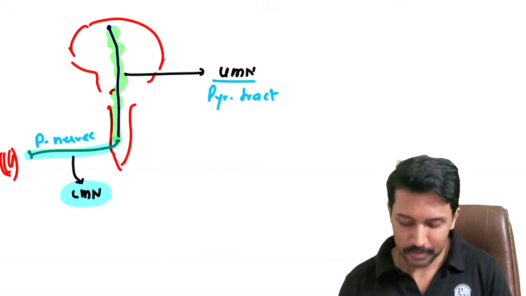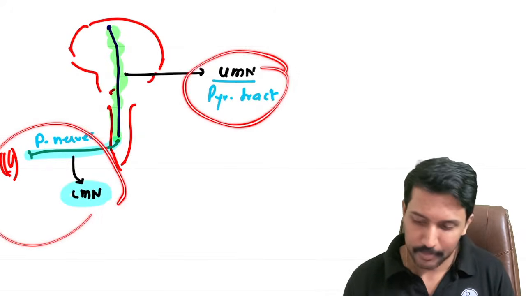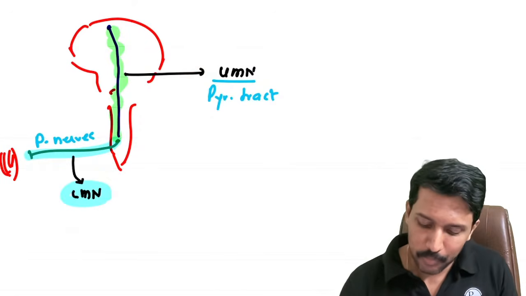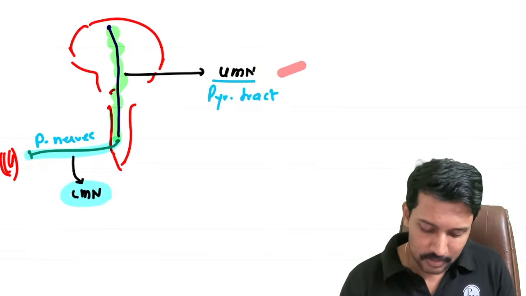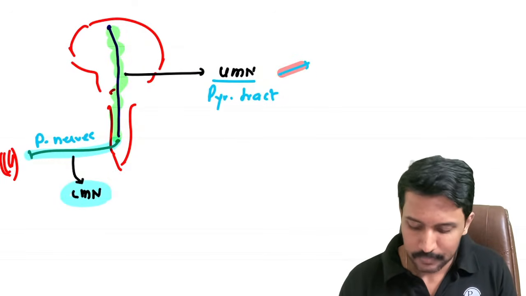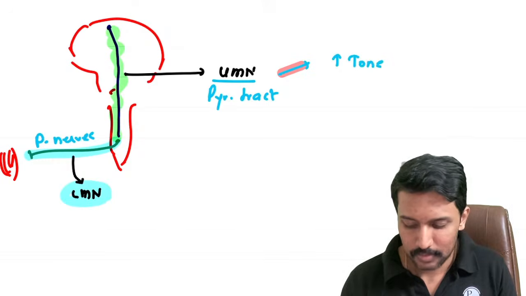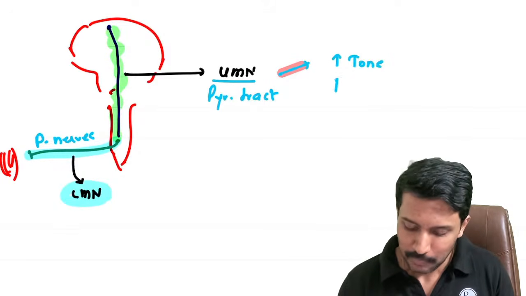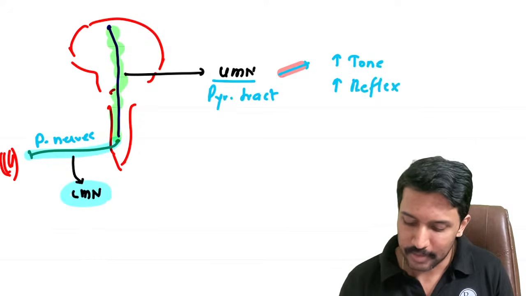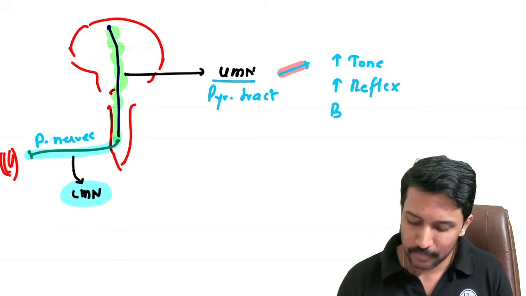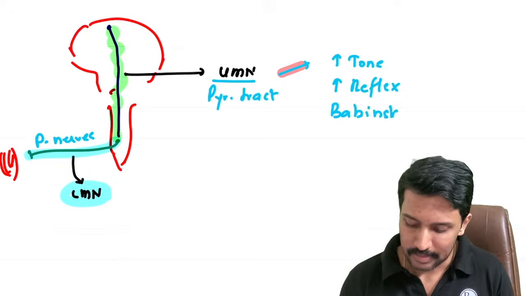And we know how to differentiate between damage to upper motor neuron and damage to lower motor neuron. When the upper motor neuron is damaged, UMN damage is associated with increase in tone, that is hypertonia or spasticity, increase in deep tendon reflexes or hyperreflexia, and a positive Babinski sign.